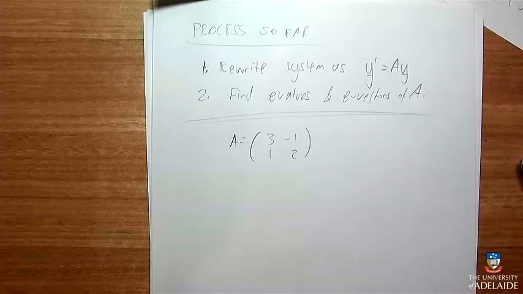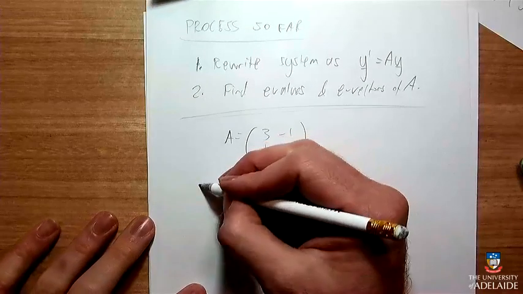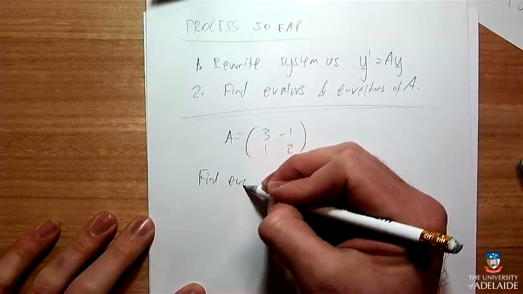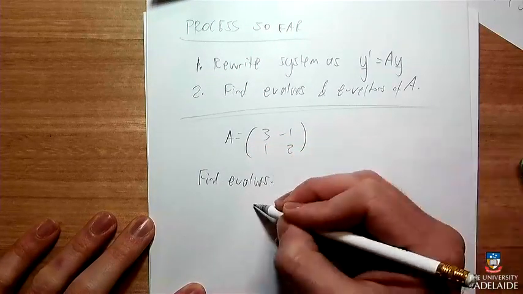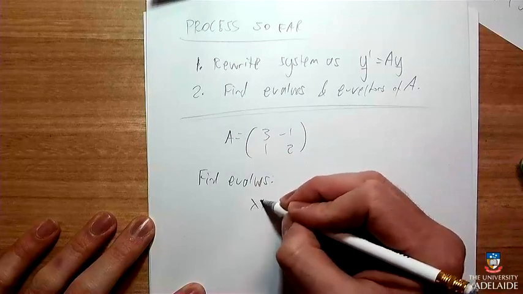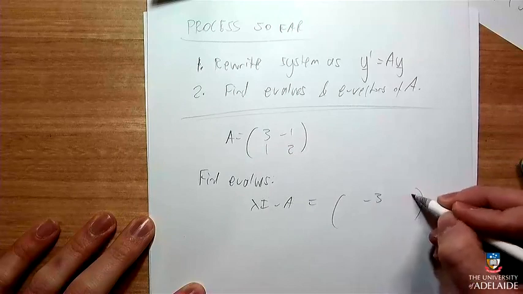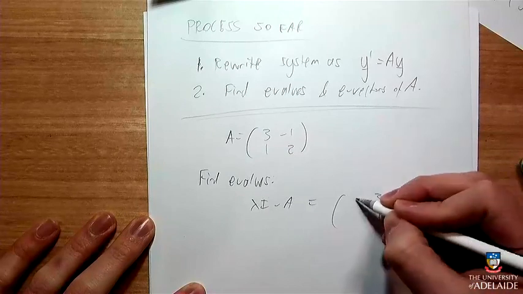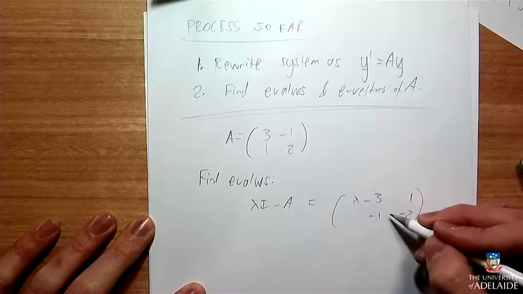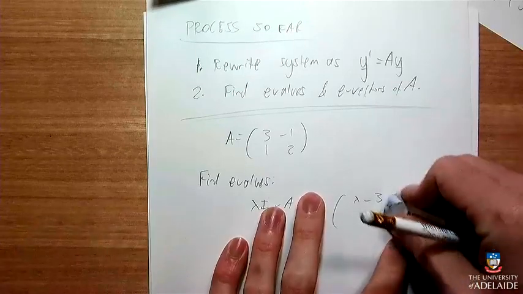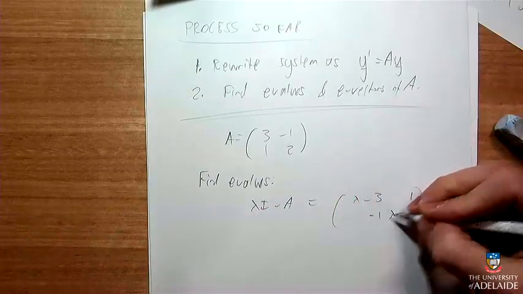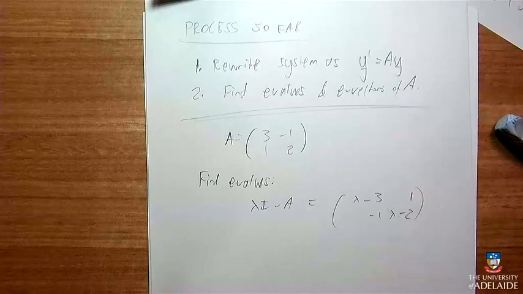So to find the eigenvalues, I need to do lambda I minus A. So I do minus A and then I put the lambdas in. You may prefer doing A minus lambda I, which would be taking the matrix as it is and putting a minus lambda down the diagonal. It's up to you how you want to do it.